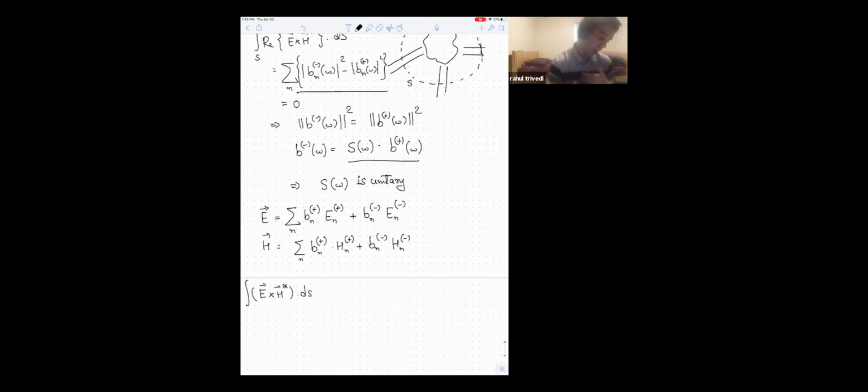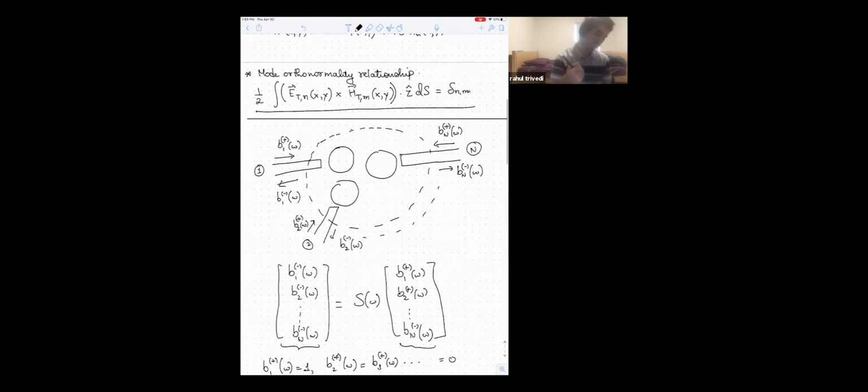Okay, so one important point that I would make here is that this expression for the power being equal to norm of input minus norm of output is only true if you have normalized your waveguide modes to have unity power, which is what this normalization condition here is doing, right? What this essentially resembles is the Poynting vector corresponding to the waveguide mode integrated over the surface of the mode.